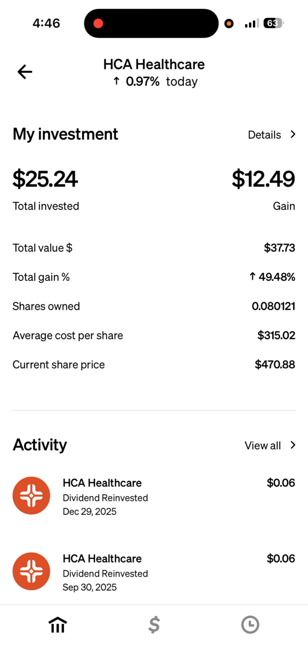That's not a lot of money. That's really not a lot of money, $25.24. But if we look down where it says total gain, my investment for HCA is at 49.48%. So the value of my money went up by 49.48%. That's almost a 50% return on my money.